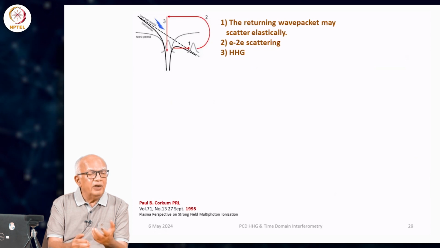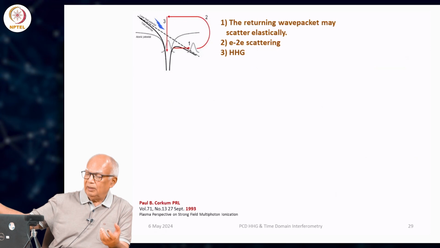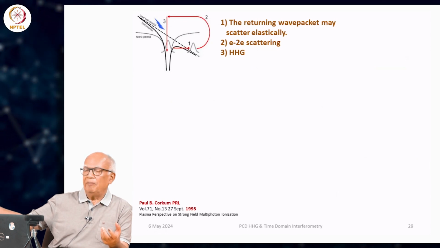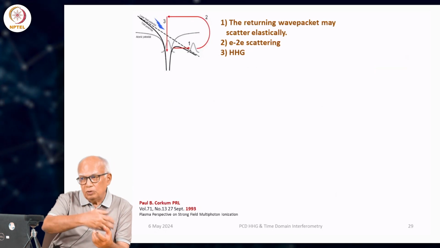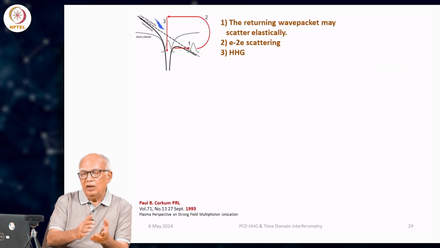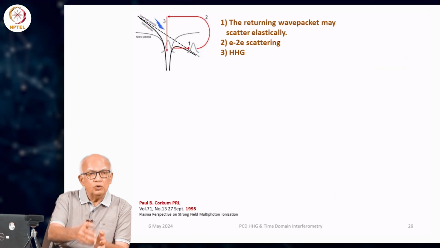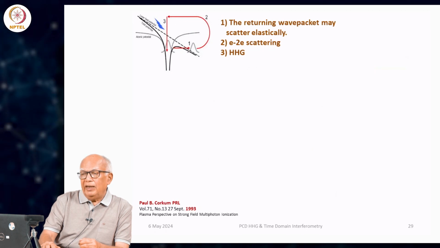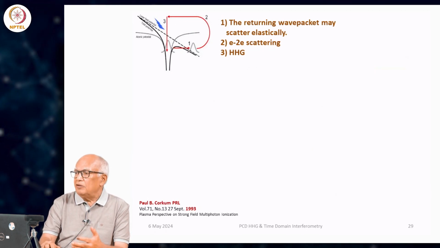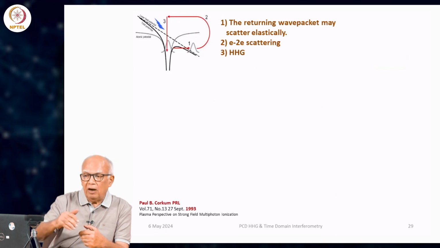You know that if an atom has more than one electron, and if it is bombarded by a beam of electrons, the incident electron can knock out 2 electrons. This is usually called e-2e scattering. Sunil did some work on this, e-2e scattering. And then the phenomenon which is of interest to us is high harmonic generation, which is the recombination.